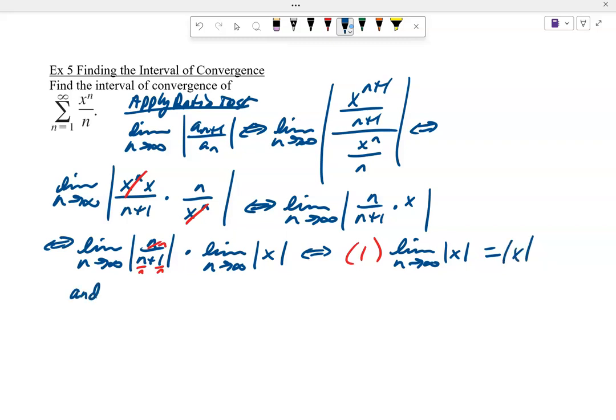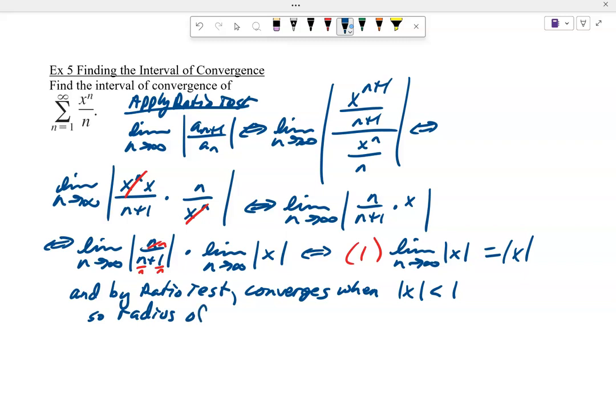And by the ratio test, the series converges whenever that absolute value of x is less than 1. And so the radius of convergence is that 1.